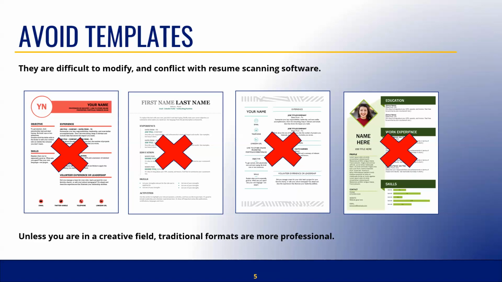Some will have colored font, some will have borders, some will have pictures, graphics, text boxes, etc. You want to be cautious when you are utilizing templates that you find online because they are difficult to modify and they can cause issues or conflict with resume scanning software, also known as the ATS system. Unless you are in a creative field, traditional formats are more professional.